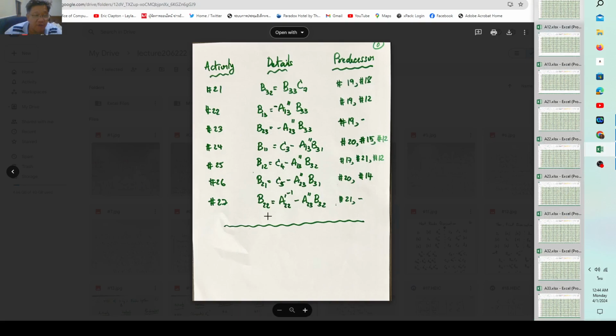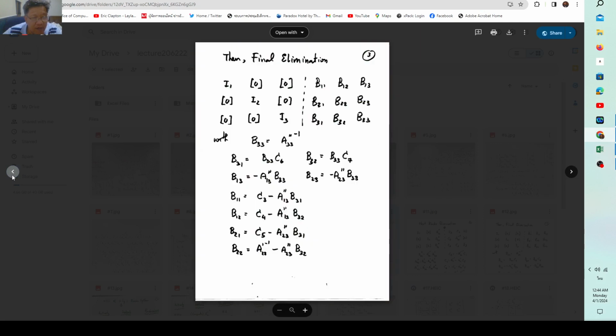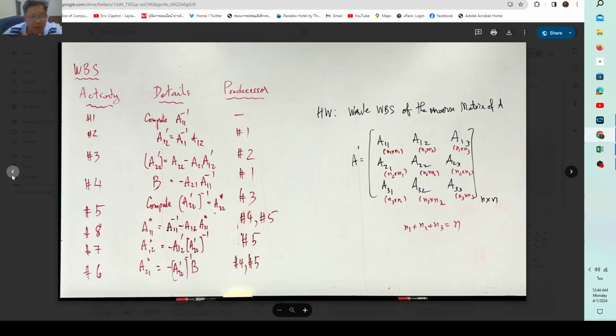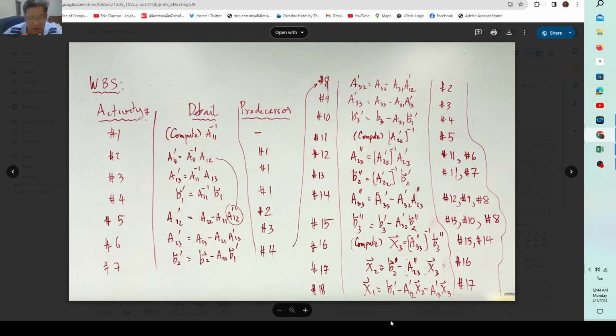So when you work on the 3 by 3 system, it means that the original size of the dense matrix is 3000 by 3000. But this one is extended because in the 3 by 3 linear equation that we explained previously, it takes only 18 sub-activities.